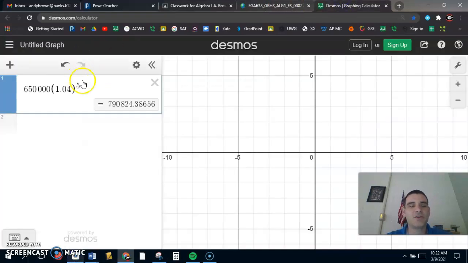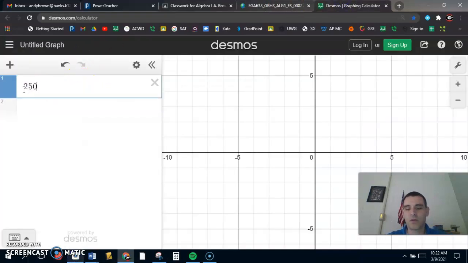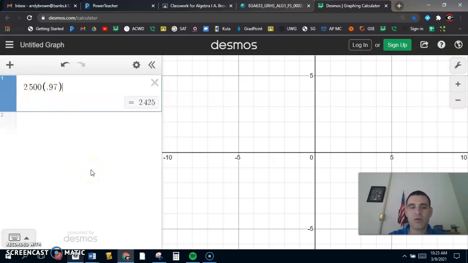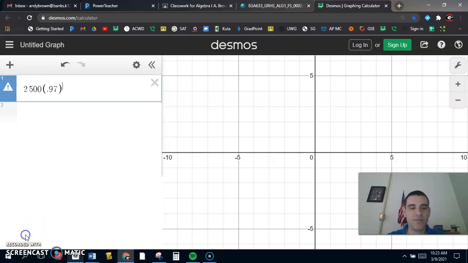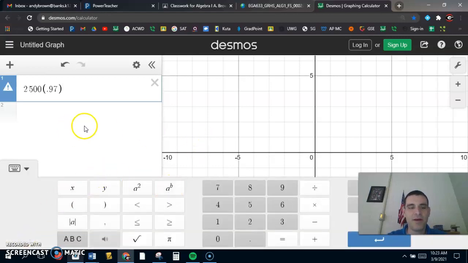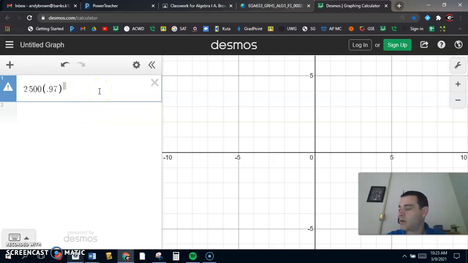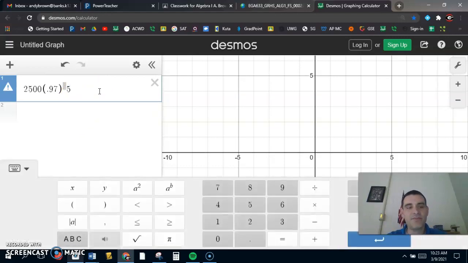I go to Desmos. Shift 6 here is the quickest way to do it, or you can go down here and do that A over B button if you want to the 5th power, right? After 5 years.